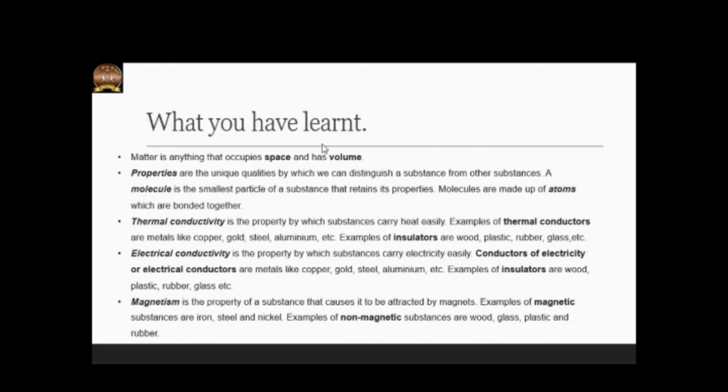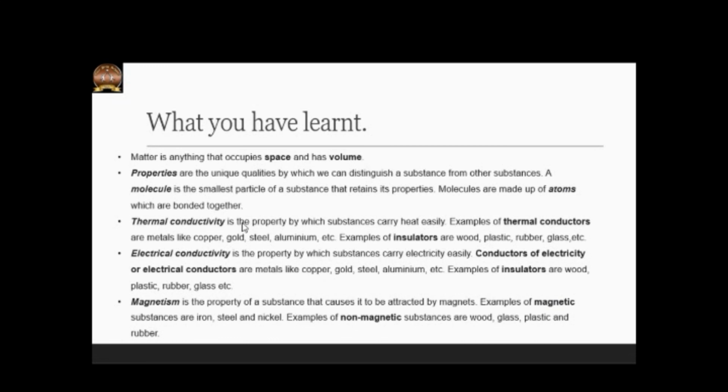Let's recap what you have learned in this video. Matter is anything that occupies space and has volume. Properties are the unique qualities by which we can distinguish a substance from other substances. A molecule is the smallest particle of a substance that retains its properties. Molecules are made up of atoms which are bonded together.